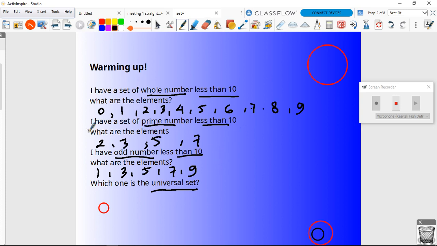So if here I have set A and then set B, if I write this one like this with curly brackets, I can say that the whole number set is the universal set, or maybe in Bahasa we call it semesta, because 2, 3, 5, 7 and 1, 3, 5, 7, 9 are already in this set.